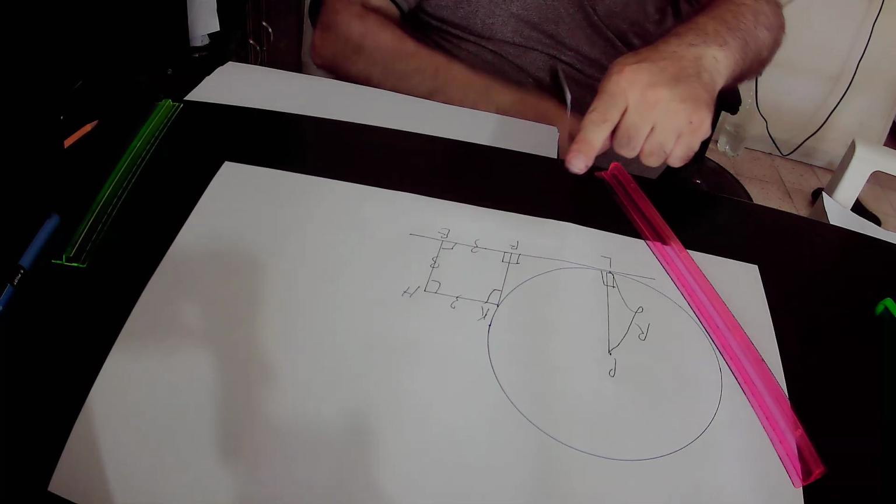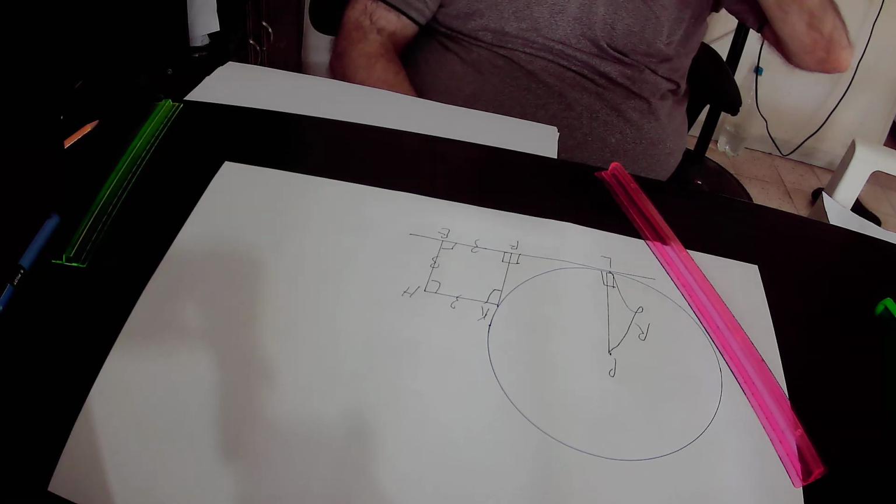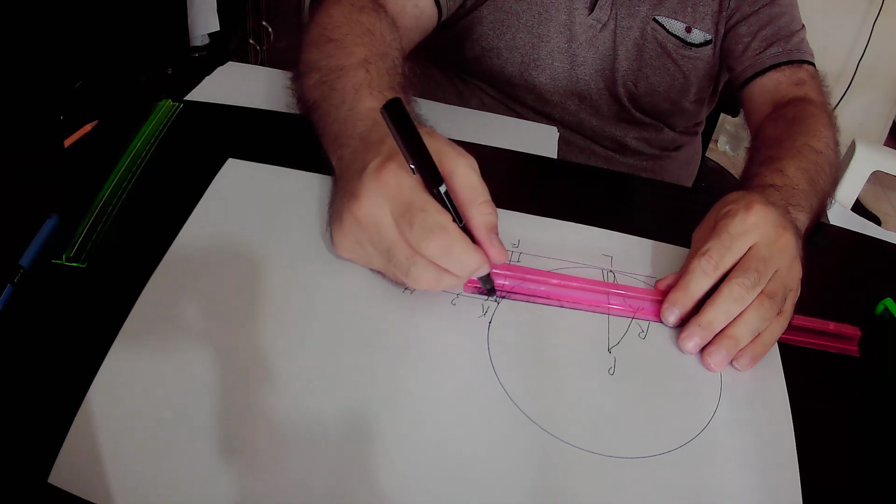So here, from point K, we draw a perpendicular on the radius PL.